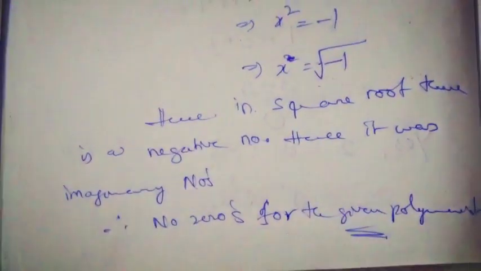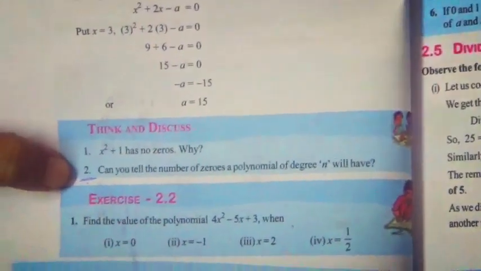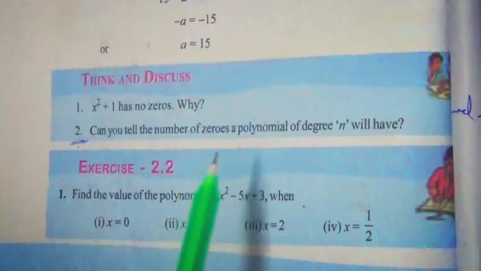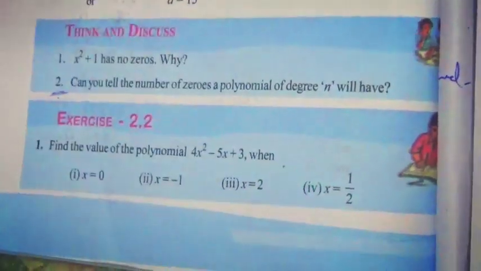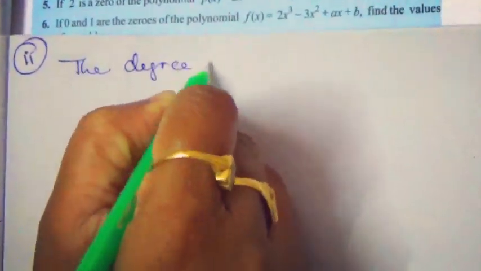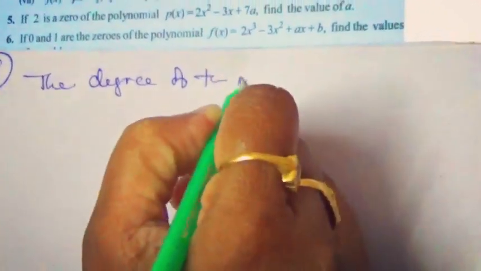Okay, so here the second question, look here. Can you tell the number of zeros a polynomial of degree n will have? Okay, so first of all you just look at the degree of the polynomial.